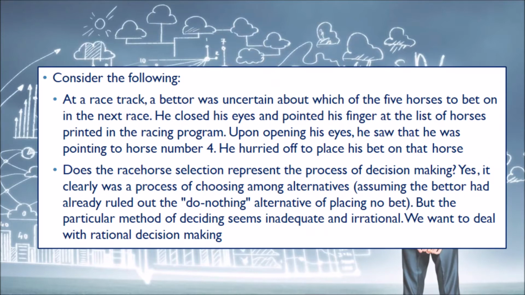He hurried off to place his bet on that horse. Does the racehorse selection represent the process of decision making? Yes, it clearly was a process of choosing among alternatives. But the particular method of deciding seems inadequate and irrational. We want to deal with rational decision making.